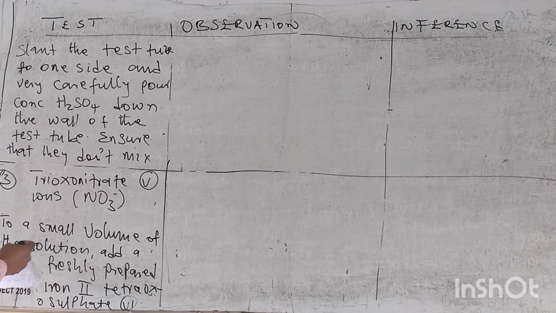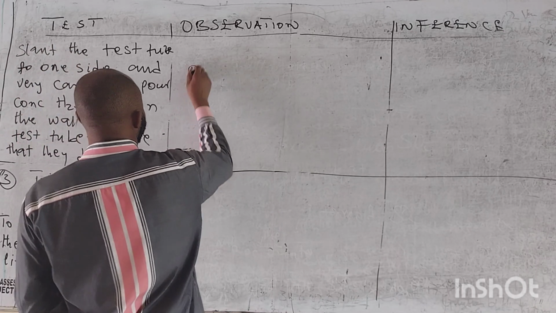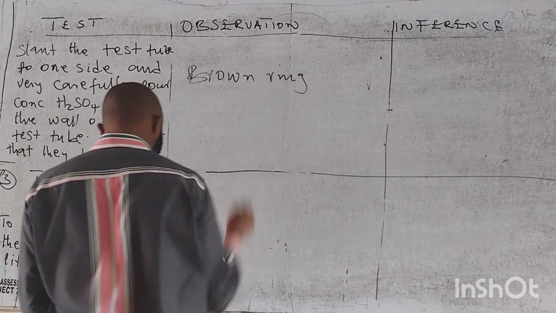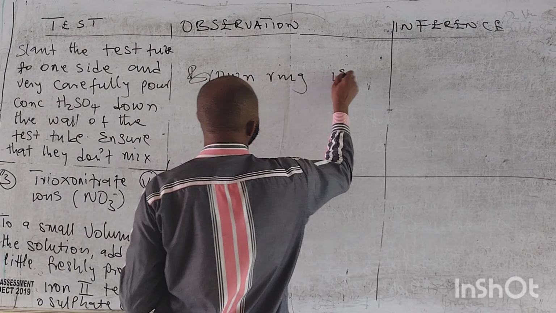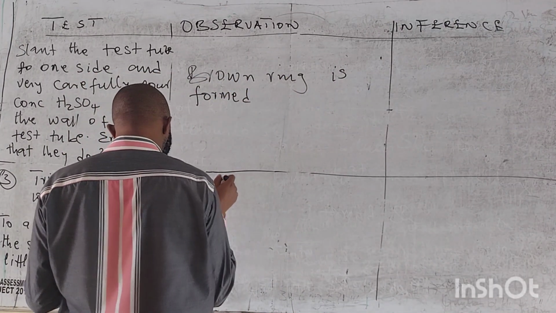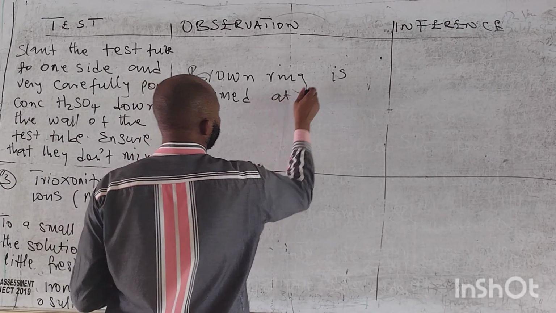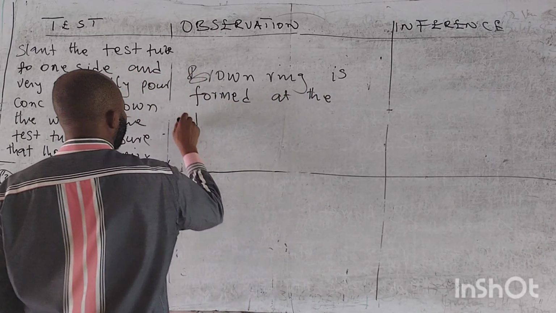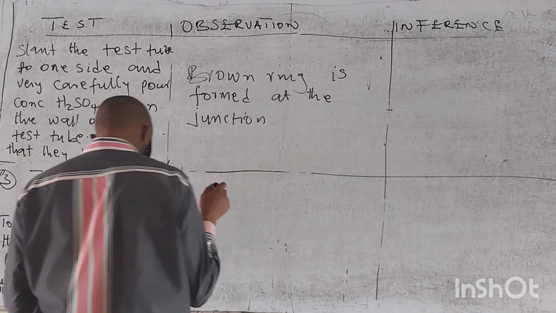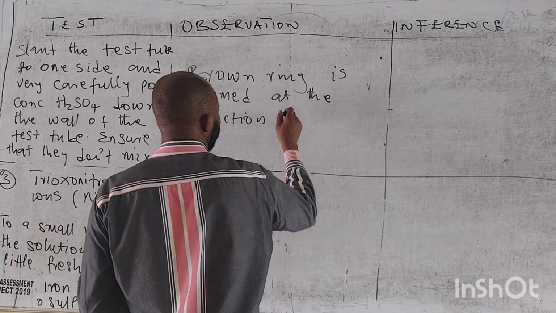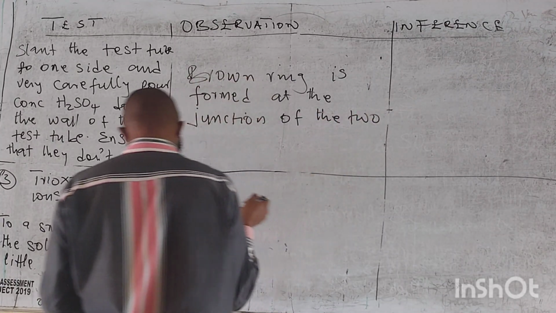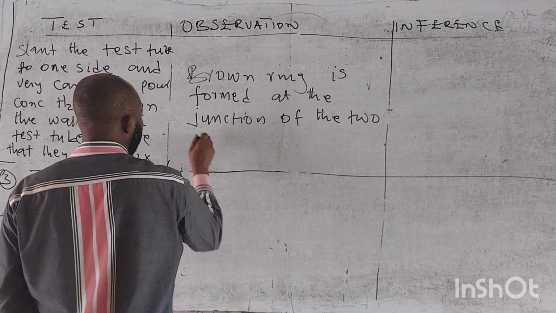When that happens, the observation: a brown ring is formed at the junction of the two liquids.